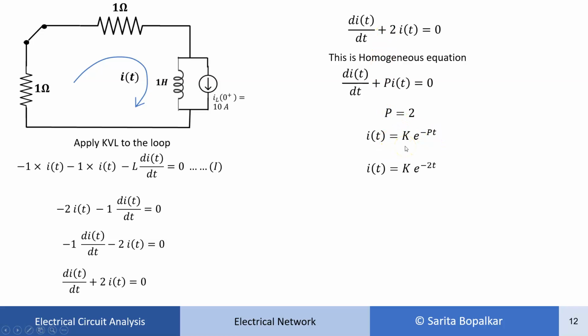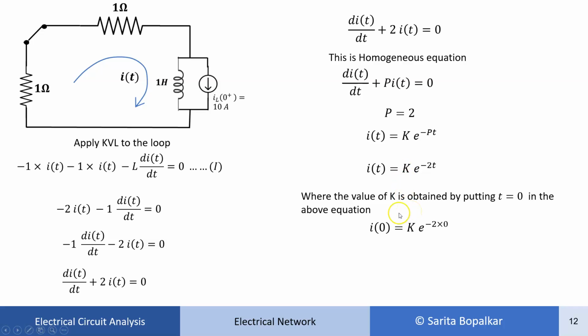And to find k, what you have to do is put t is equal to 0 in this equation. So to find k, at t is equal to 0, i(0) is equal to k e raised to minus 2 into 0. So e raised to 0 is 1. So k is equal to i(0). i(0) is the initial condition, that is 10 ampere.